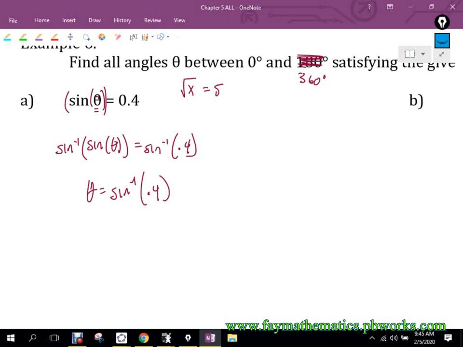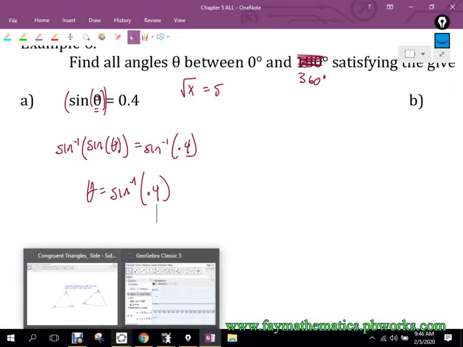But remember, 0.4 is a ratio, so it's like 2/5. Does that make sense? 2 over 5. Do you know a special right triangle that has an opposite side of 2 and a hypotenuse of 5? No. You don't know the angles that couple with that, right? So what we have to do right now is use our calculator. Yay. So I'm going to evaluate this.